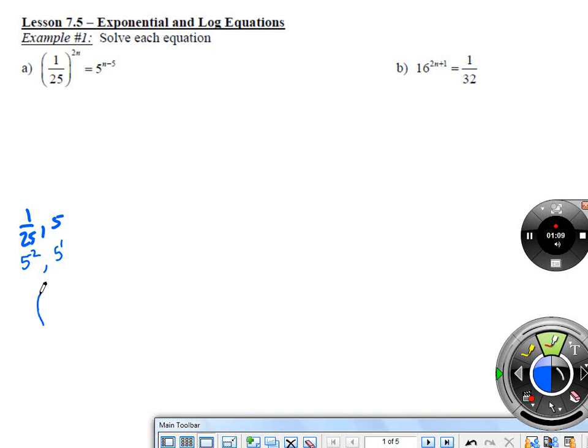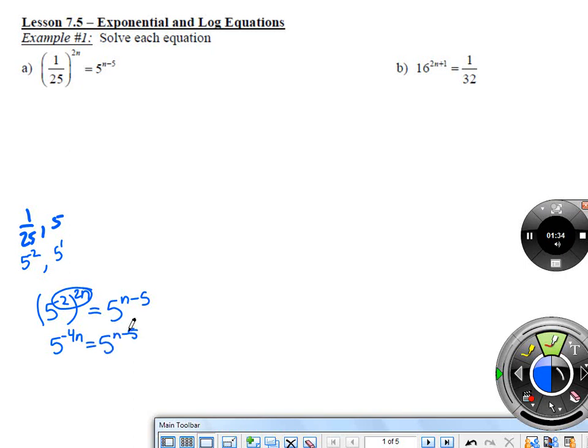So instead of 1 over 25, I'm going to write it as 5 to the negative 2 power. I haven't really changed the problem. I've just written something in a different way but kept its value. The way that that helps me is now when I use my exponent power properties, and these can multiply, I have 5 to the negative 4n power equals 5 to the n minus 5.